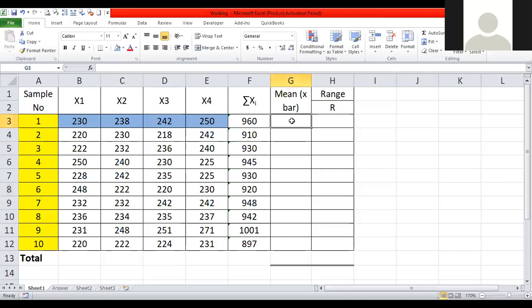So the next you have to find out the average. So now I am going to calculate the average for each sample. So you know there are 4 observations. Therefore, this 960 should be divided by 4. Right, so the average is 240. 960 must be divided by 4.